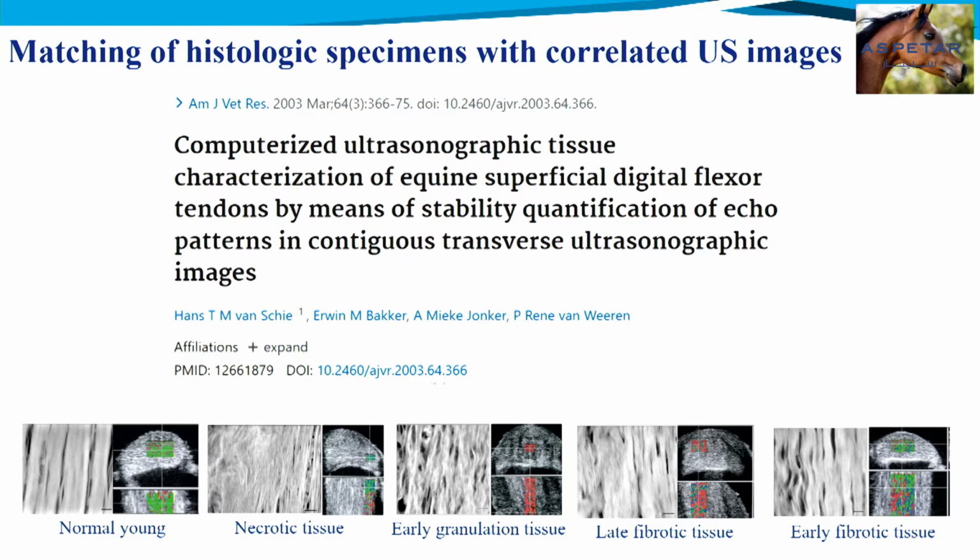They induced an injury, and then they observed the matching situation with the ultrasound. From there, they generated the algorithm that recognizes how the structure of the tendon is, from a normal young fiber to an old fiber, and then throughout all the phases of regeneration.